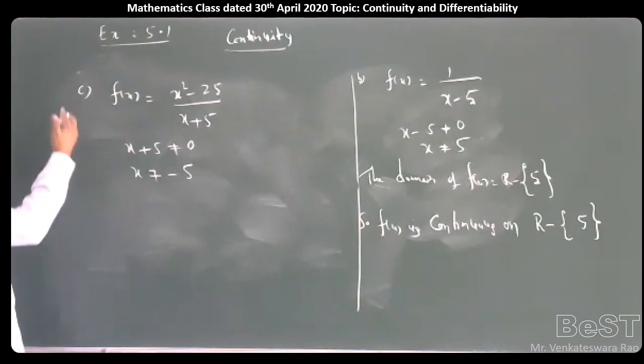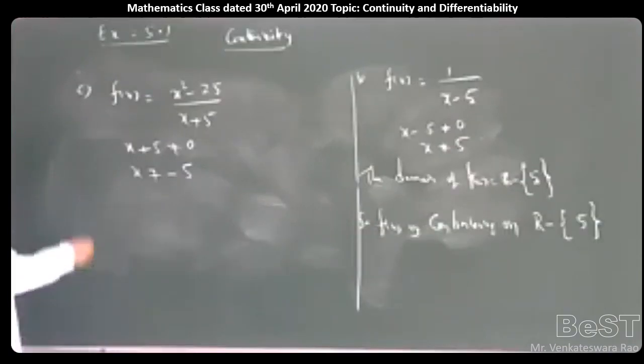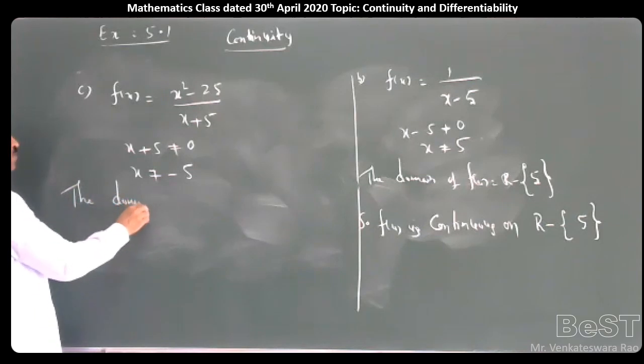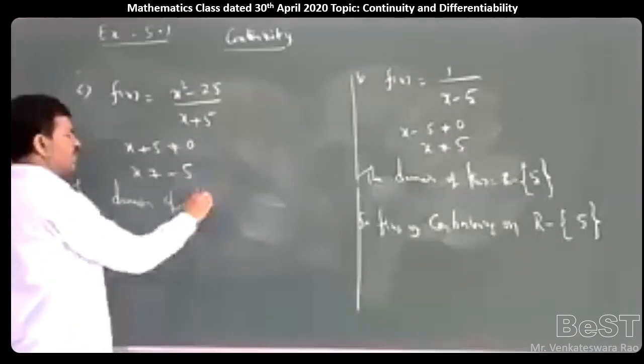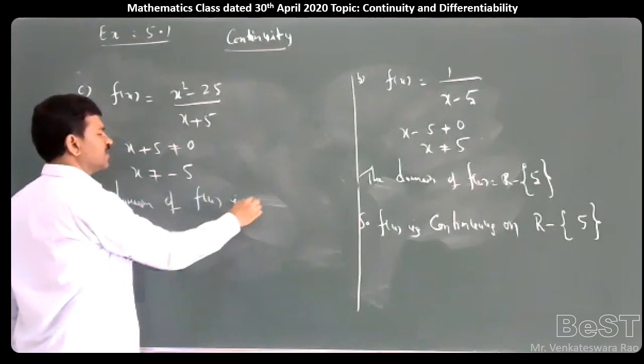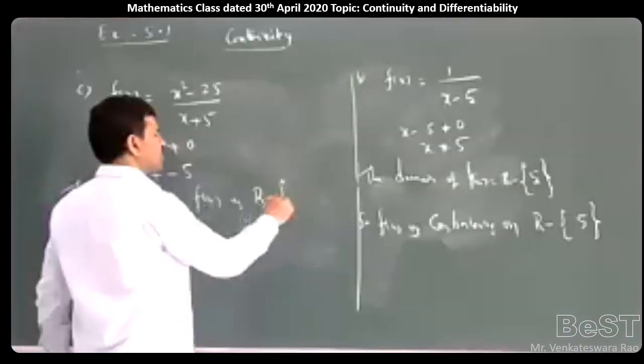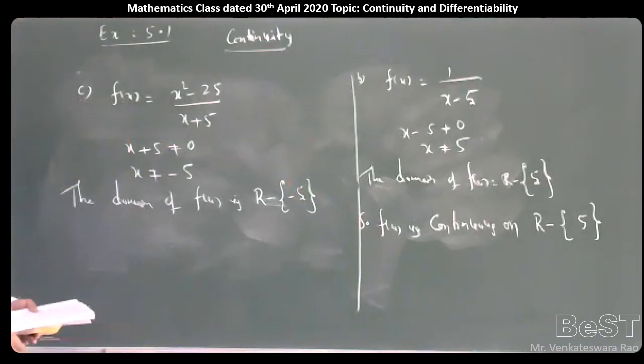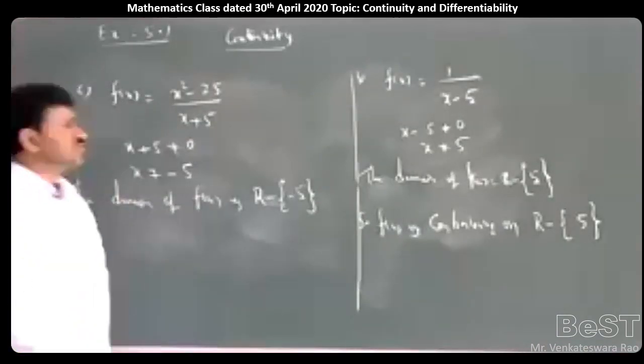So what is the domain of this rational function? The domain of f of x is R minus {minus 5}. The domain of this function.